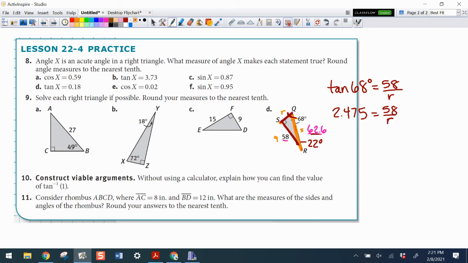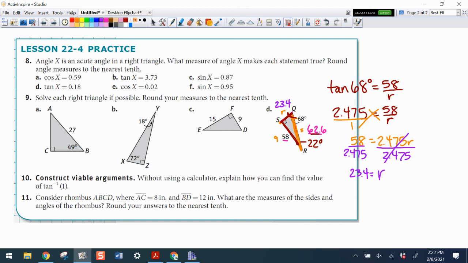I'm going to rewrite this left-hand side as a ratio, a fraction, by putting it over 1, and then cross multiply to get 58 equal to 2.475 times r. Now to solve for r, because 2.475 is multiplying r, we're going to divide both sides by 2.475. It will cancel, becoming the number 1, or 1r. And 58 divided by 2.475, I get 23.43 repeating, so roughly 23.4.